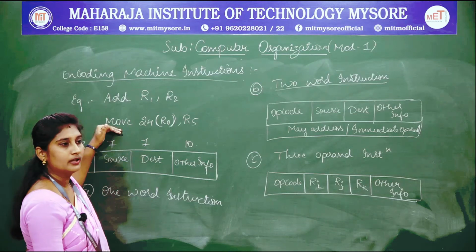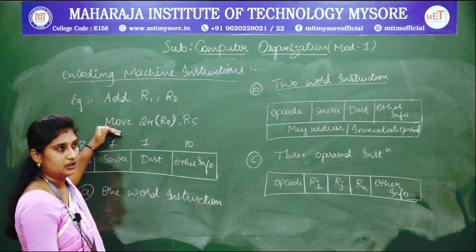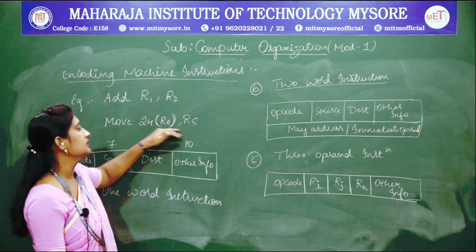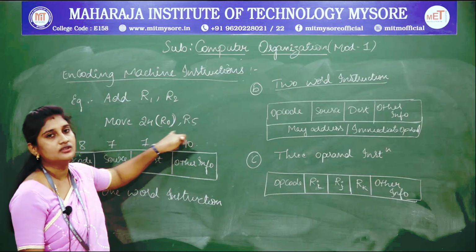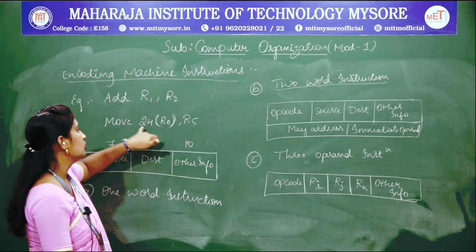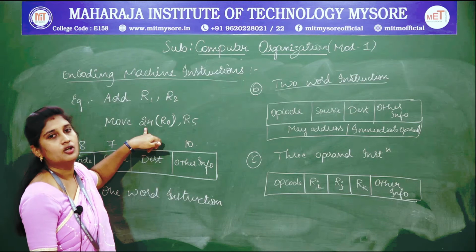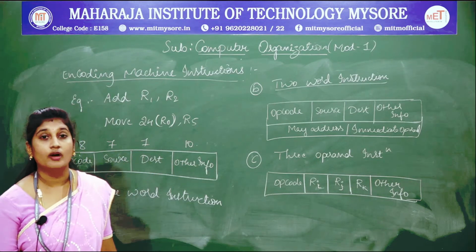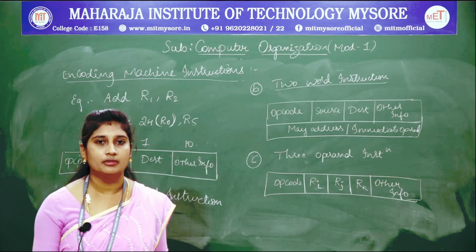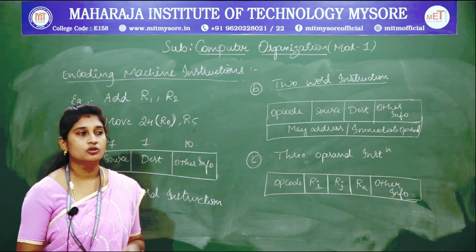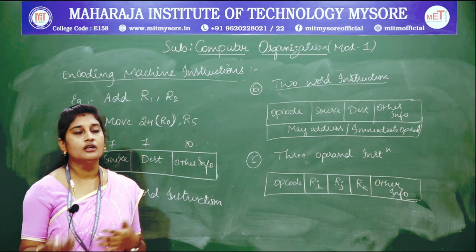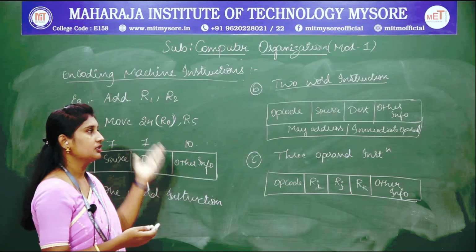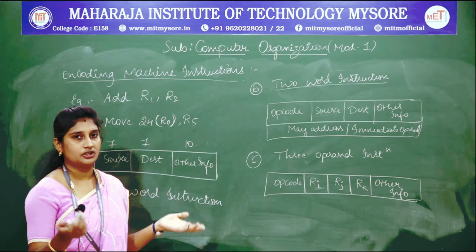I need to save my opcode, which is move, and also store the registers R0 and R5, your source and destination registers, and also the offset or displacement value. These are all the things I need to convert into machine instruction to make my program executable. So before I convert my source program to an object program, I am encoding those instructions into the machine instruction format.